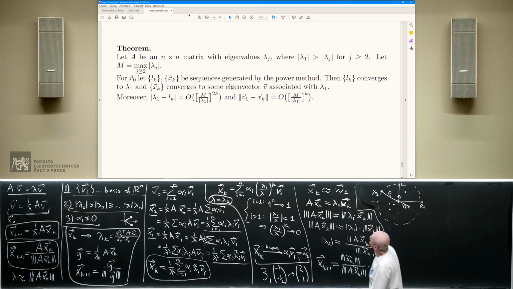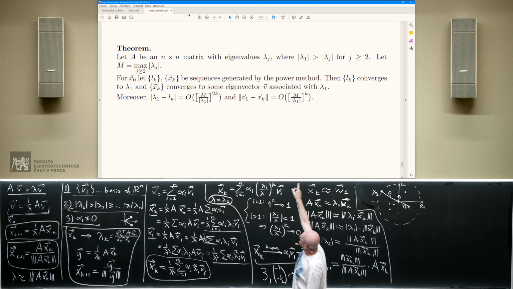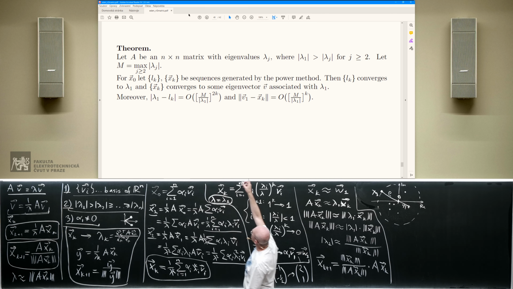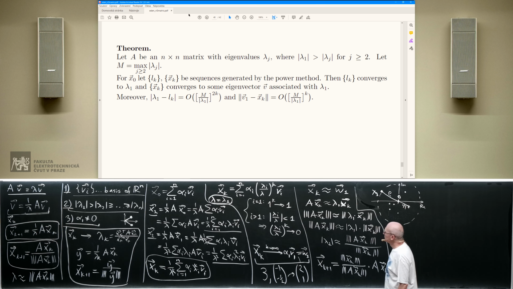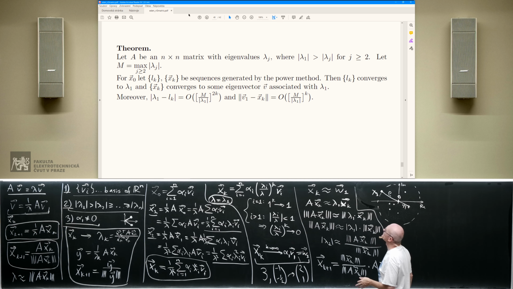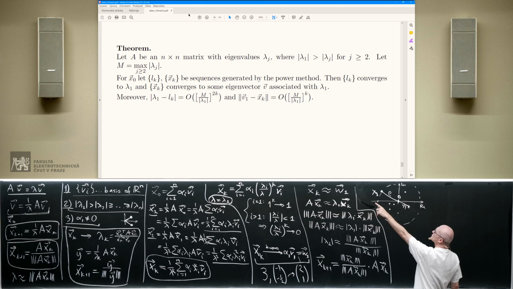And if it does, then the sequence xk converges to the eigenvector associated with the largest eigenvalue lambda 1, and the sequence lambda k, which we have over here, converges to lambda 1, which is wonderful. So the convergence is really now confirmed also for non-symmetric matrices, no problem about the basis at all. And moreover, there is some interesting information about the speed of convergence down here.